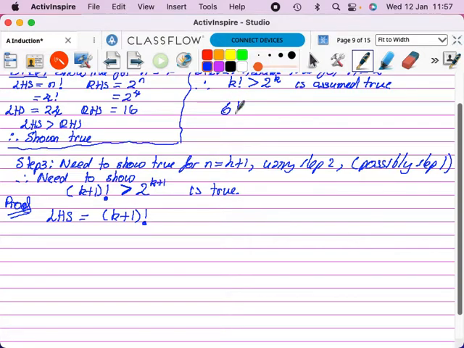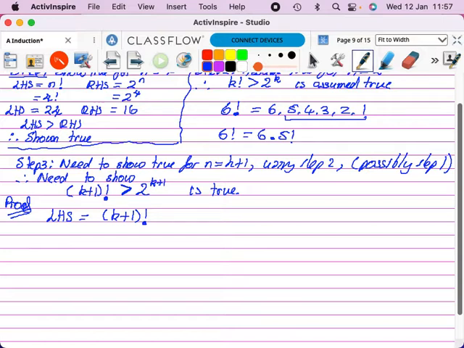Let's remind ourselves what factorial is. 6 factorial is 6 times 5 times 4 times 3 times 2 times 1. And you should spot that this thing here is in actual fact 5 factorial. So therefore 6 factorial can be written as 6 times 5 factorial.